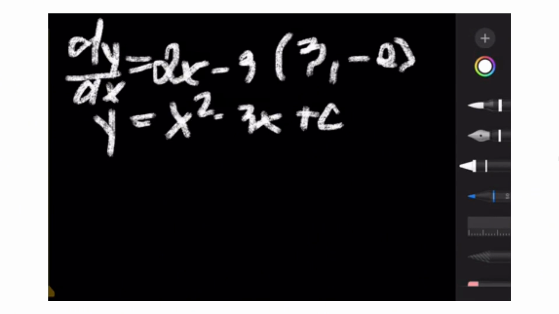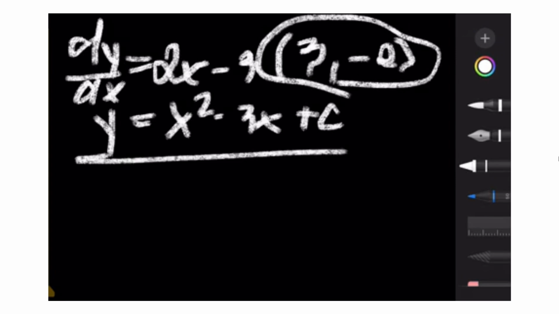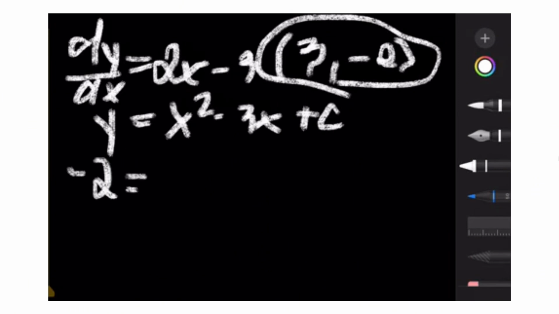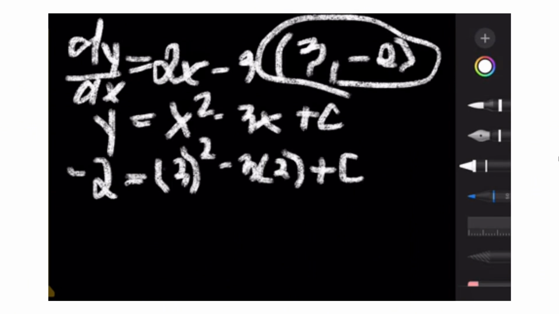Then we have to find the value of the constant. So how do we do that? We can do that by simply substituting these values into our equation right here. So this is going to be -2 is equal to 3 squared minus 3 times 3 plus c.